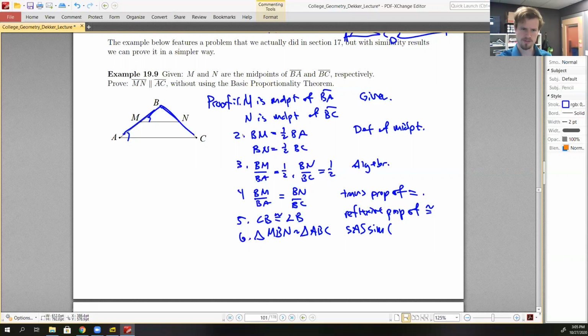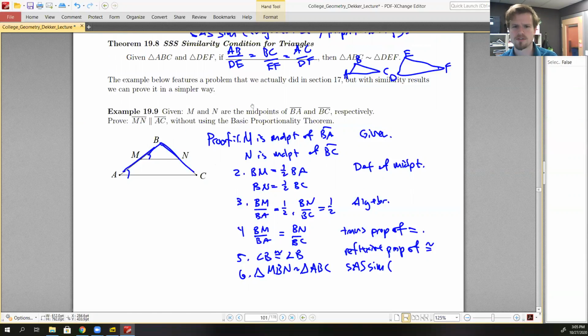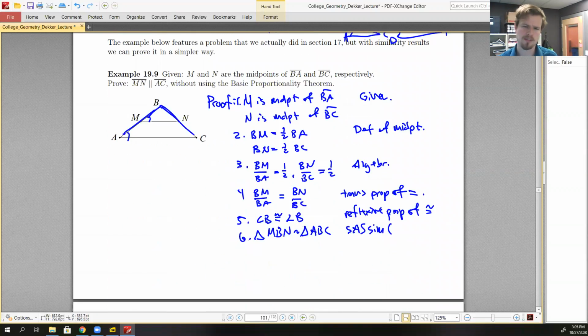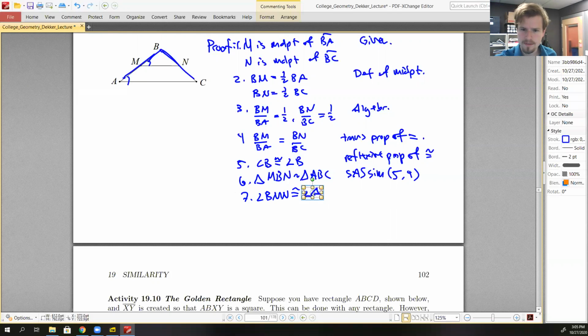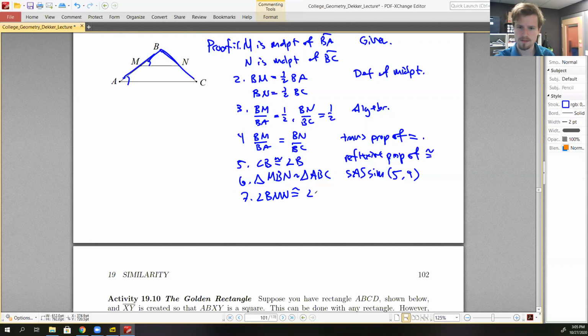So we need the two conditions. It should be the congruence of angles and then the proportionality. So let's say it's 5, the congruence of the angles, and then 4, the proportionality is satisfied. Once we have that, we have that angle BMN is congruent to angle A by the definition of similar triangles.